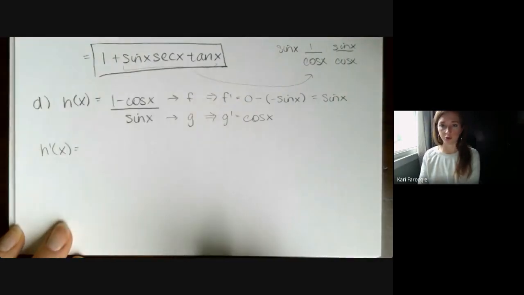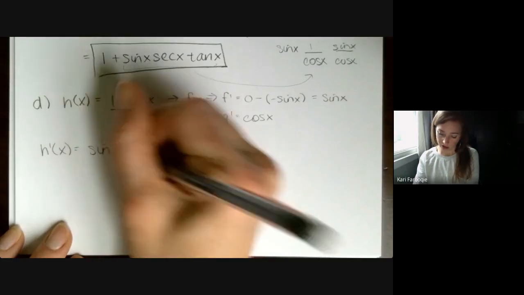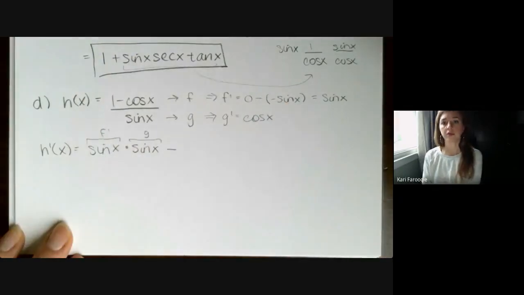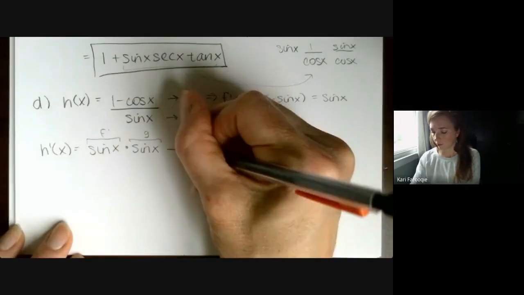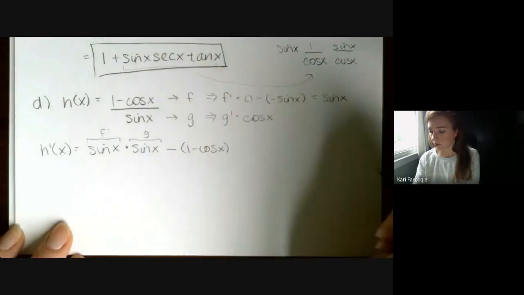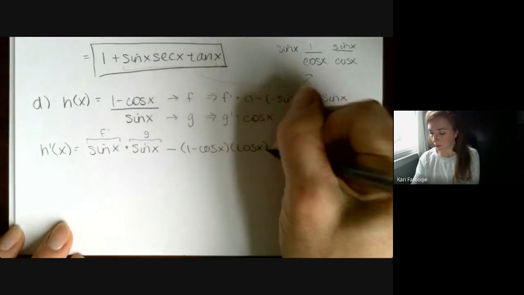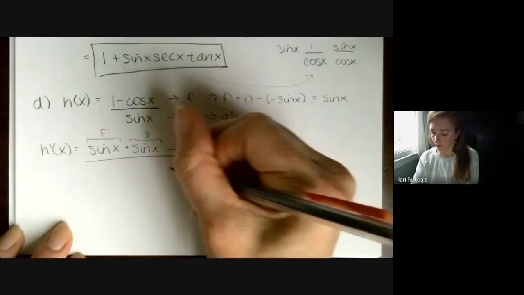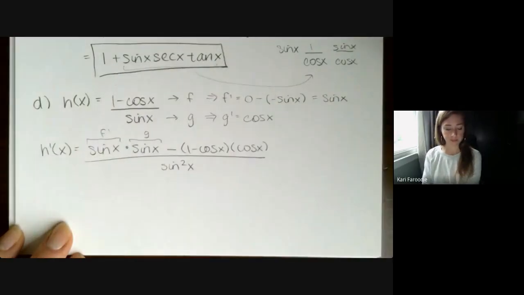So let's use the quotient rule. We'll take f prime g, so sine of x times the sine of x, f prime g, minus f times g prime, divided by g squared. And then we'll simplify.